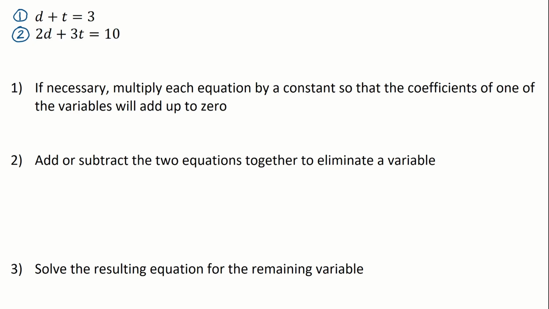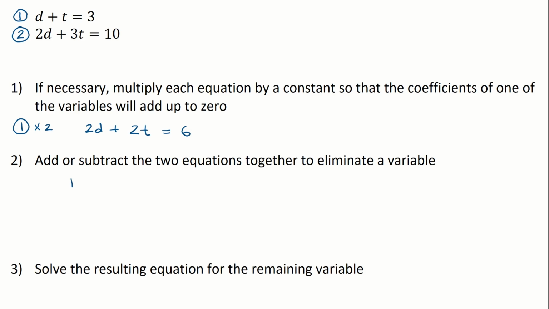I'm going to choose to multiply the first equation by 2. So I'm going to take equation 1 and multiply it by 2, giving me 2d plus 2t is equal to 6. Every term in equation 1 got multiplied by 2 in order to give me that equation. The reason I want to do this is for our next step to work.